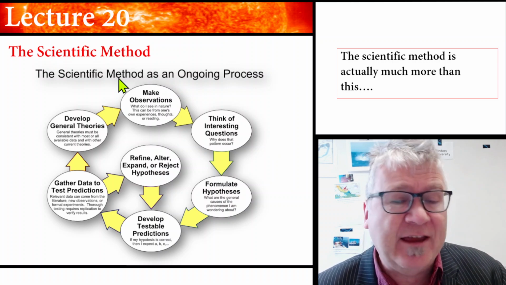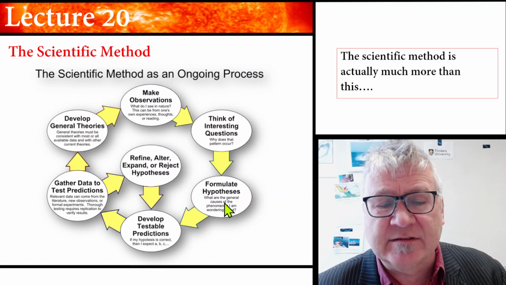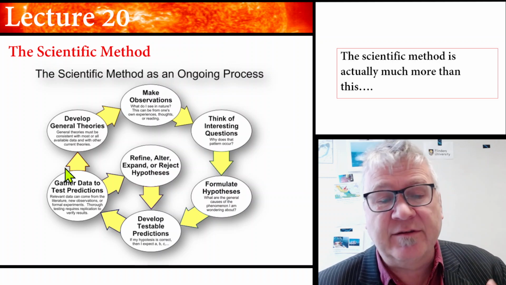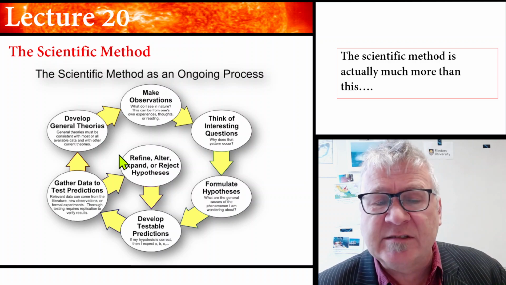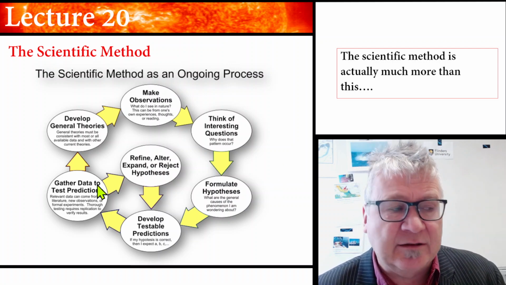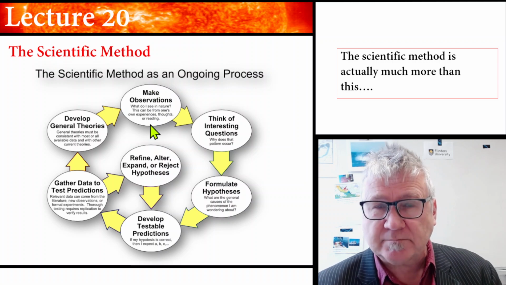So you make an observation, you think of interesting questions, you formulate hypotheses, you develop testable predictions, you gather data to test predictions, you develop general theories, you refine, alter, expand, or reject hypotheses, and it's a cycle, and you come to some result at the end.